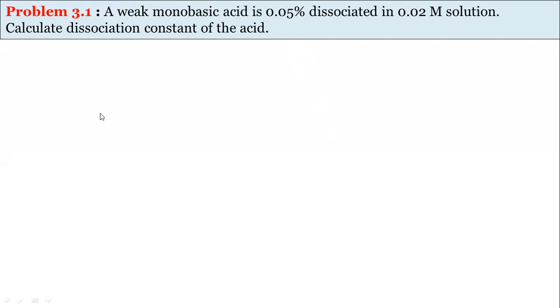And what is asked? Calculate the dissociation constant of the acid, meaning Ka we have to calculate here. You have the formula of K and C, because according to the Ostwald dilution law there is a relation between the dissociation constant and alpha.